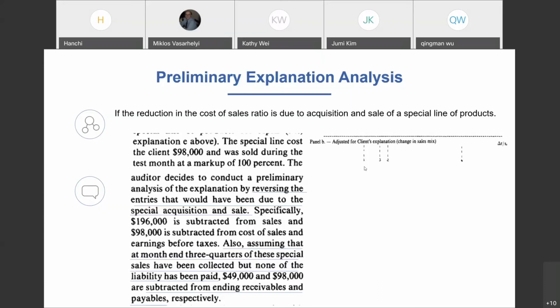After that, we can find the variation and compare it to see whether this is a real reason or not. Other explanations can be tested in the same way.